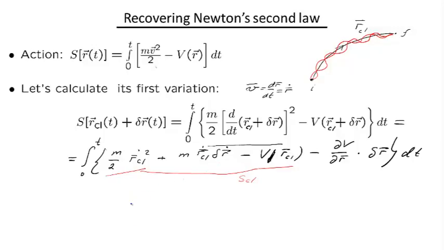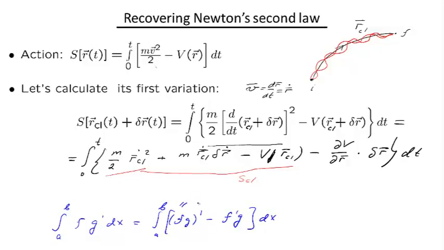Just to remind you, many of you have seen it before: if we have an integral from a to b of a function f times g prime dx, we can write it as the derivative of everything, f g prime minus f prime g. Here I have the full derivative, and I can calculate the value of the functions at the limits, and essentially move the derivative from the function g to the function f.